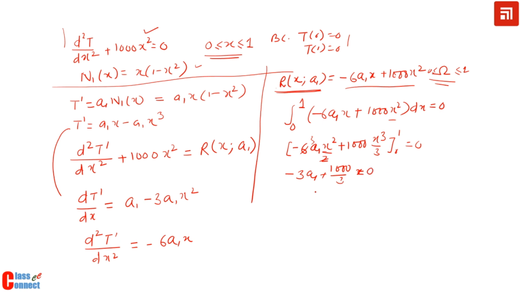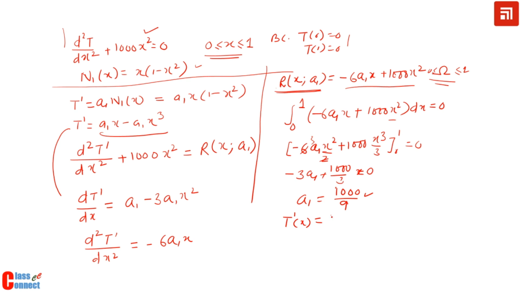So we get the value of a1: the minus signs will cancel, and it is 3 and 3 is 9. So it is 1000 by 9. So a1 we get as 1000 by 9. Now I can get my answer. The solution is t1 dash x, that is a1x minus a1x cube.